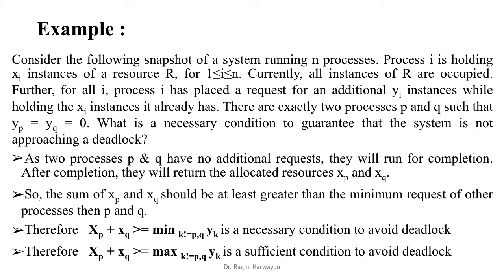So xp plus xq greater than or equal to the minimum of the remaining requests is a necessary condition to avoid deadlock, and greater than or equal to the maximum of the pending requests is a sufficient condition to avoid deadlocks.